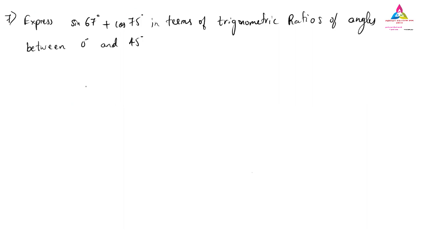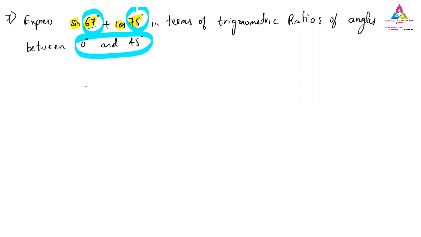Okay, the question here is simple. They are not asking us to find the value. They have not mentioned finding what sine 67 and cos 75 are, whether the final answer is 1, 0 or anything. They are asking us to convert this 67 degree and 75 degree in such a way that the angles are between 0 and 45.